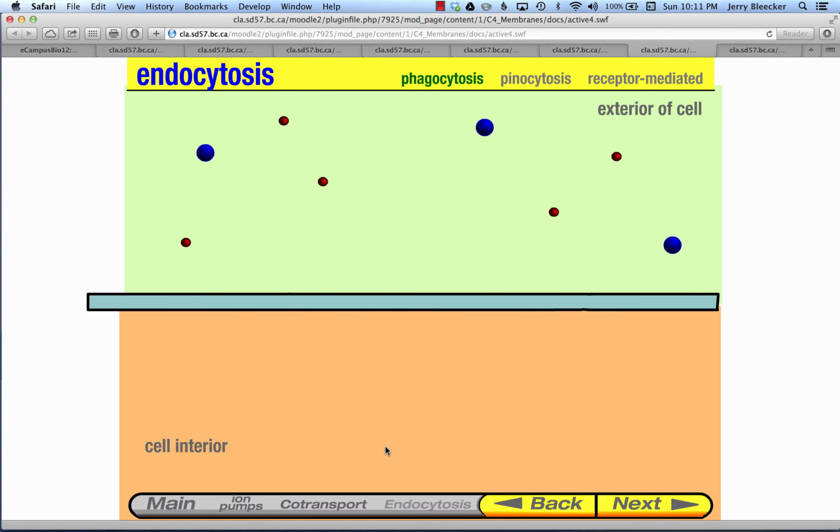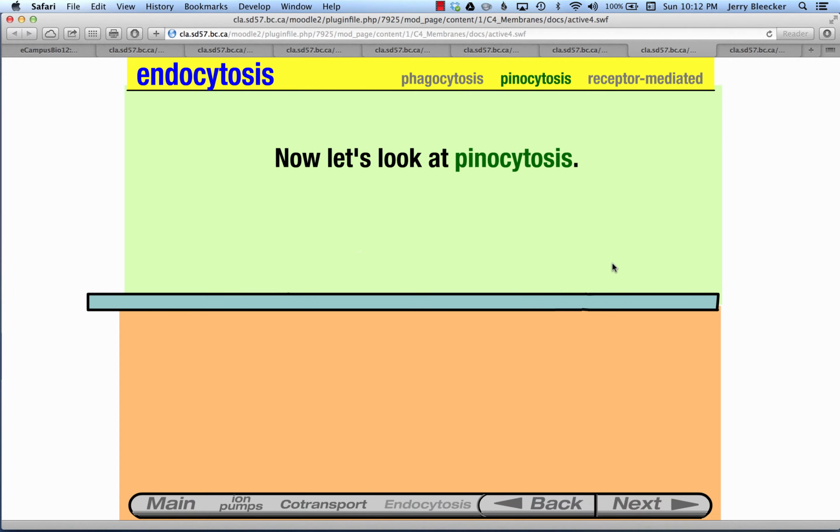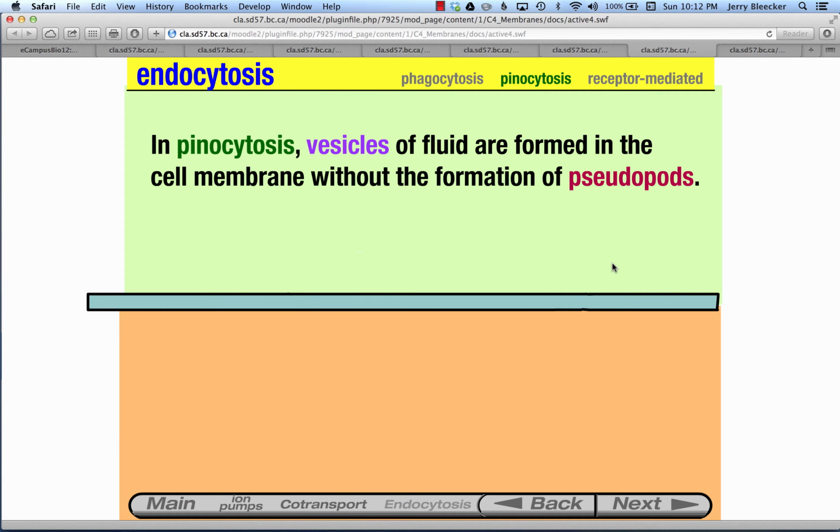That's pretty interesting. When you look at something called pinocytosis, known as cell drinking, this doesn't involve this sort of engulfing with pseudopods. Pinocytosis is when small vesicles, or I guess larger vacuoles, that's really the relationship. Vesicles are small and vacuoles are large.